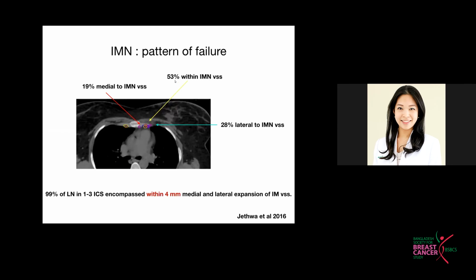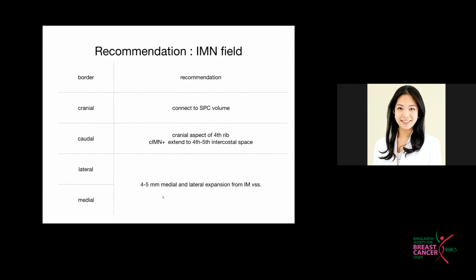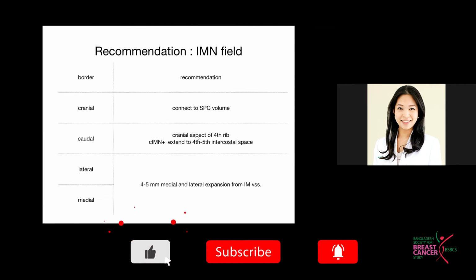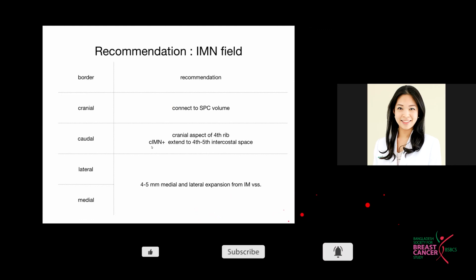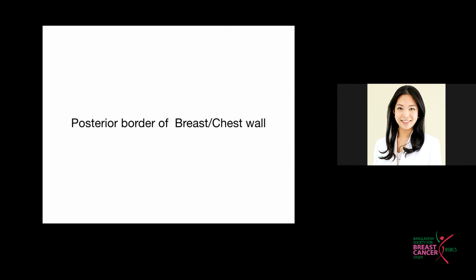So what I would recommend is for the medial and the lateral, you should expand 5 millimeters from the vessel, and for lower risk patients, we can go to the third intercostal space. But the patients with clinical IMN positive, we also treat the breast and the chest wall.